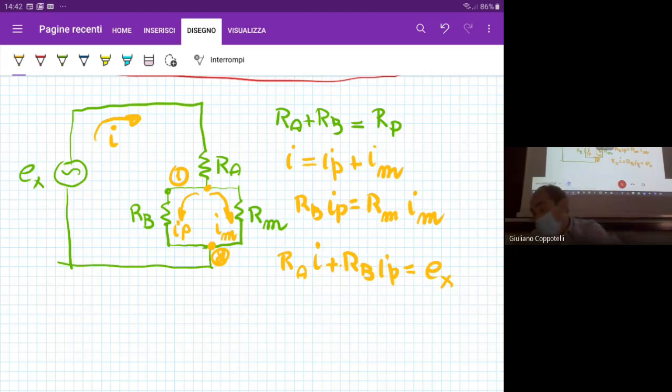These are the equations that could be used in order to prove the previous equation. How can you do that?